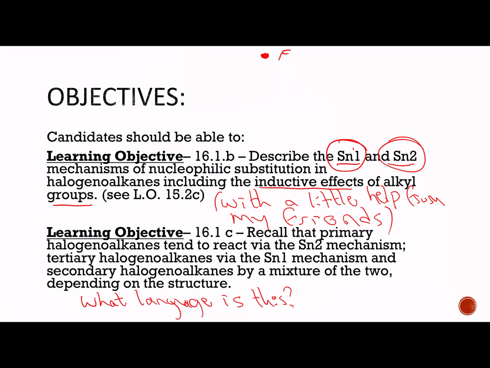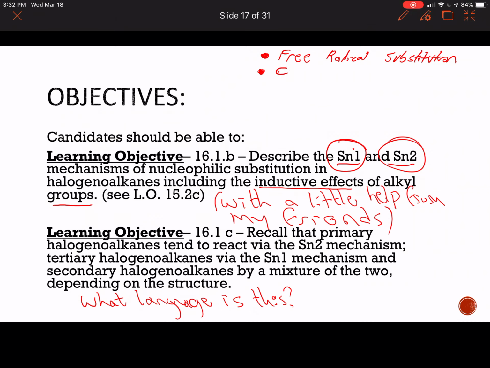The first one is called free radical substitution. The second one is called electrophilic addition. The third one, or the third and fourth, are the nucleophilic substitutions.